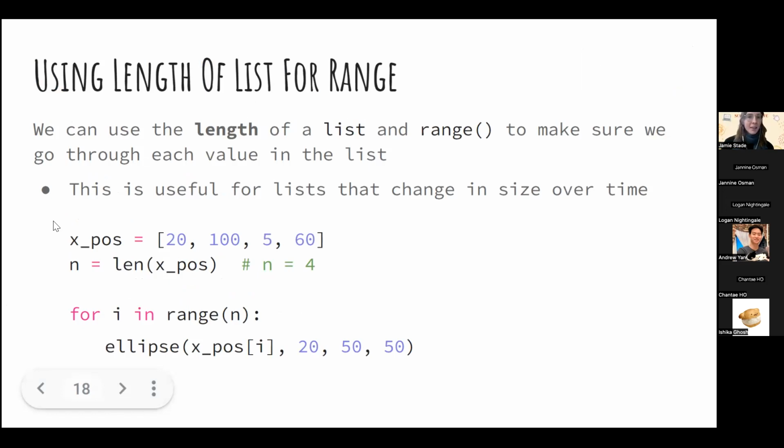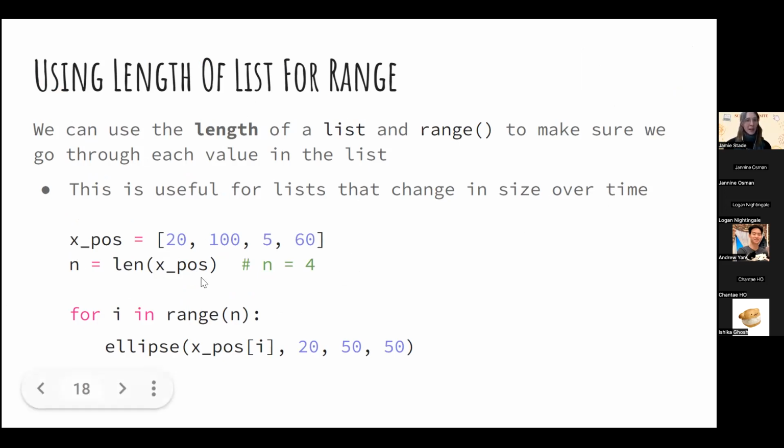Carrying on with the slides. We can also use the length of the list and a range to make sure that we go through each value. This is useful for having for loops that go over lists that change in size over time.